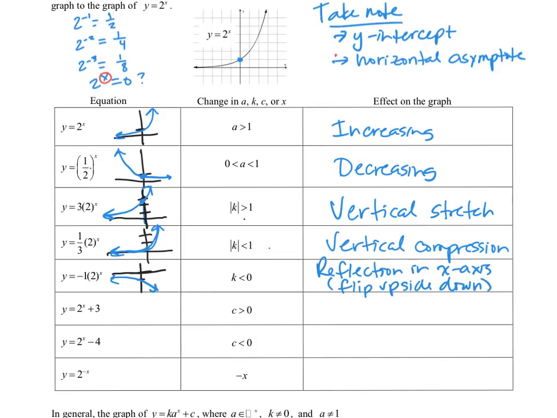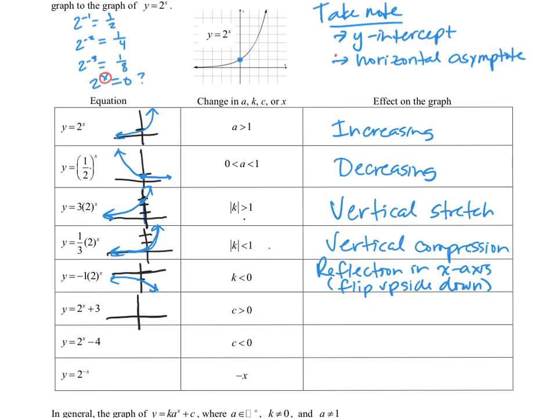Okay, now, how about this one? What if we take that parent function 2 to the x and add 3 to every output value? If every y value is increased by 3, the effect is that it shifts the graph up 3 units. You can type this in and take a look at it. First, I'm going to sketch a new horizontal asymptote.